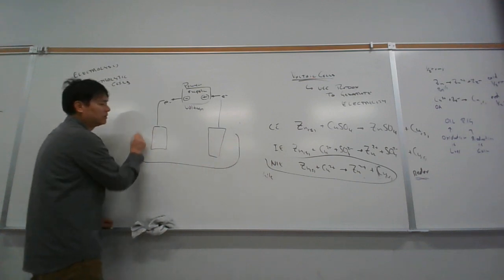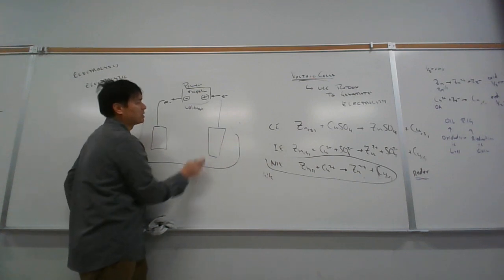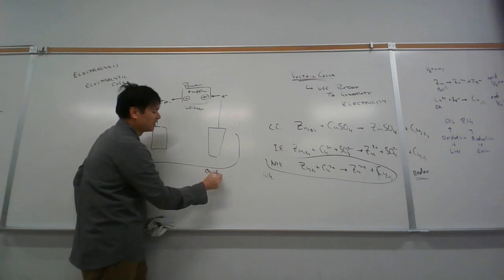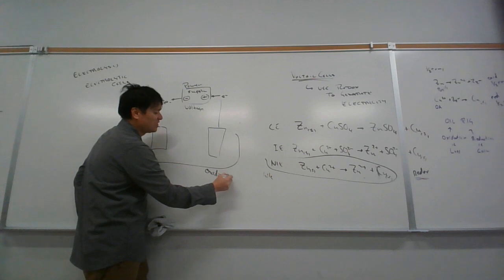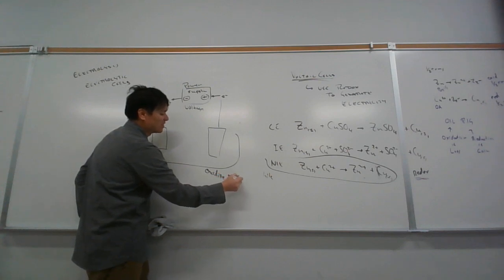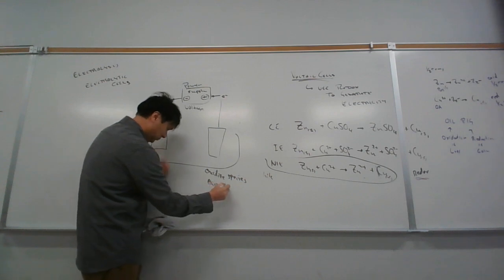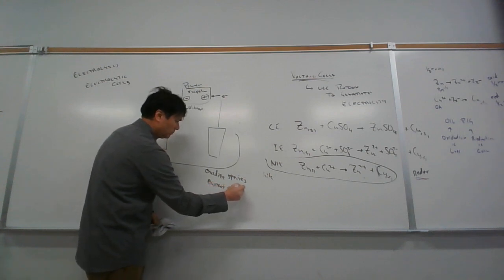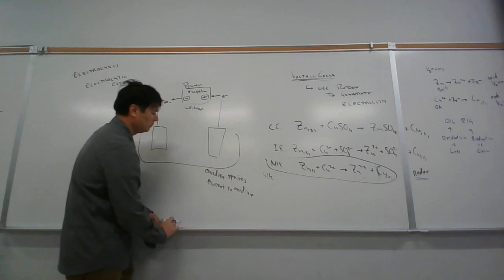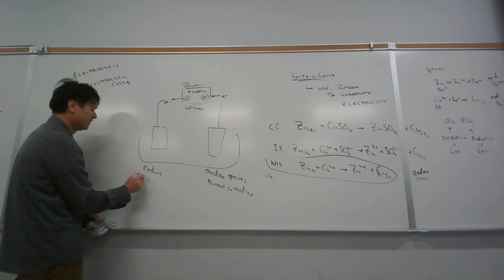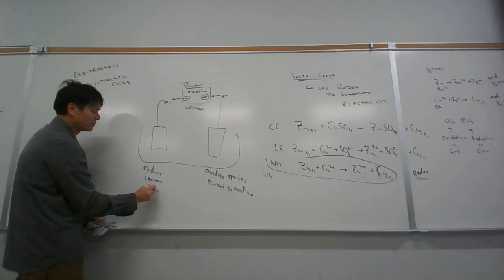If we go with a high voltage here, then we're going to oxidize something. We oxidize the species that's easiest to oxidize. And over here, we're going to reduce the species easiest to reduce.